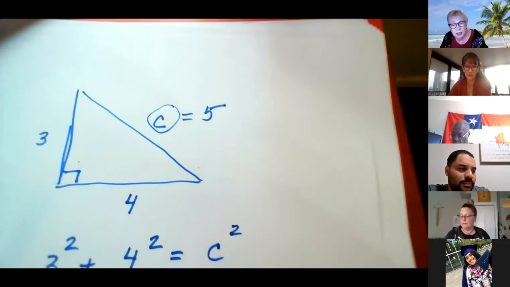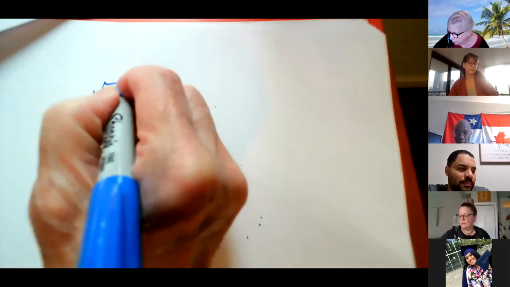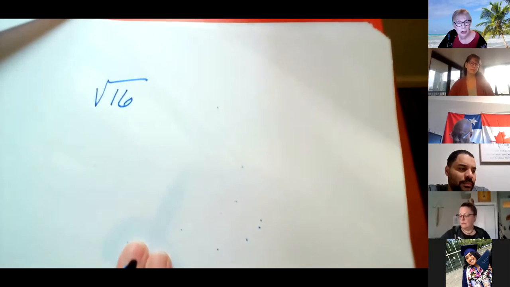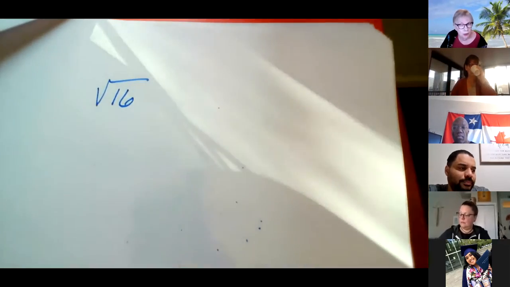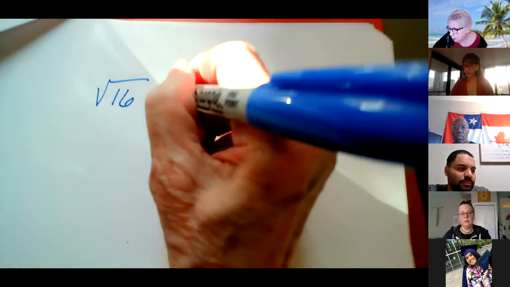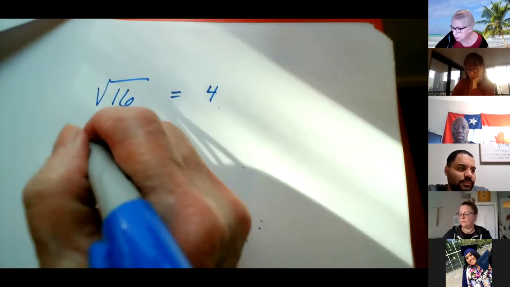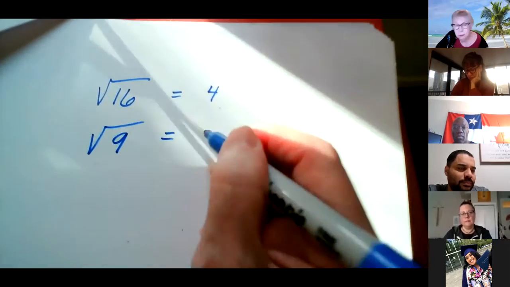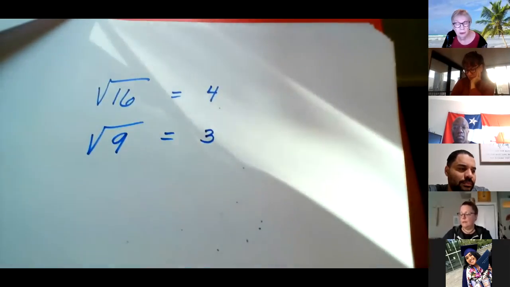And the problems in this book that we're studying are all what I call perfect squares. So the square root of 16, and there are a lot of numbers that are not perfect, but the ones that we talk with mostly are perfect squares. The square root of 16 is 4, because 4 times 4. The square root of 9 is 3.